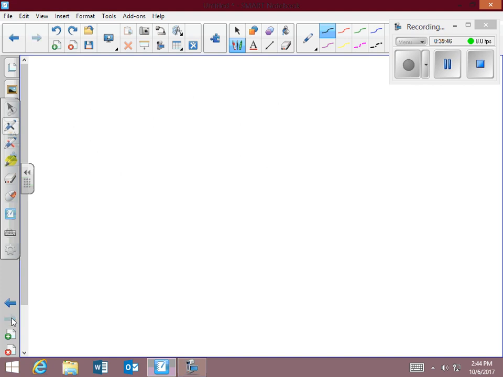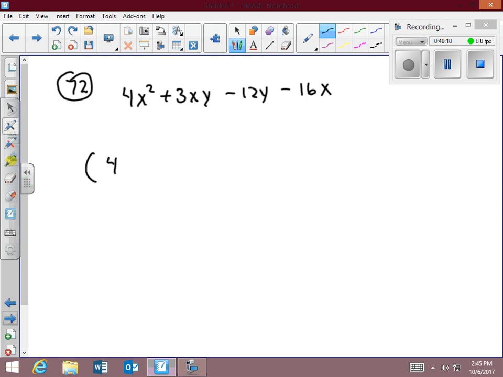I'll look at 72. It says 4x squared plus 3xy minus 12y minus 16x. Four-term polynomial. Algorithm says group it. 4x squared plus 3xy.